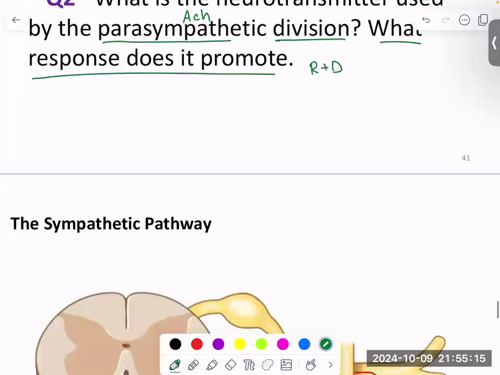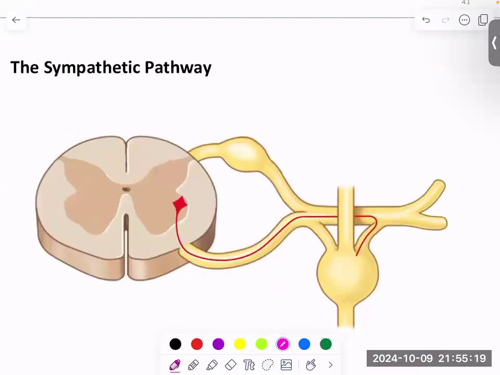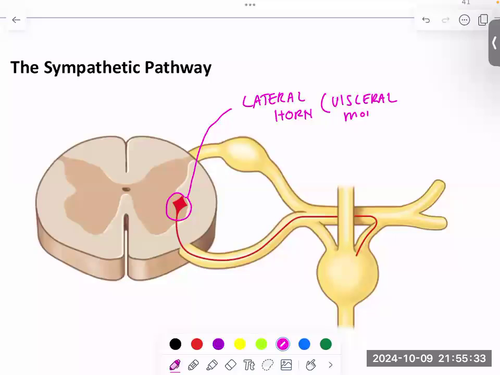The sympathetic pathway, if we recall, starts in the lateral horn. And I mentioned that the lateral horn in the spinal cord is responsible for visceral motor responses, things that are automatically controlled in your body, involuntary muscles. And look at the pathway they take.